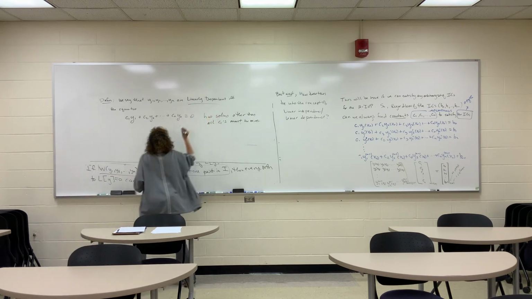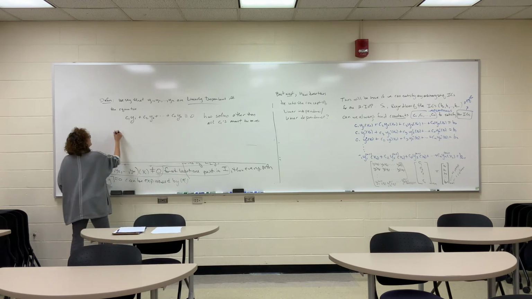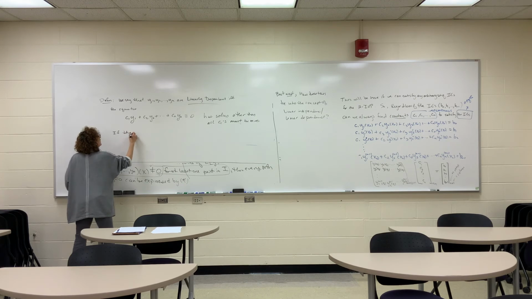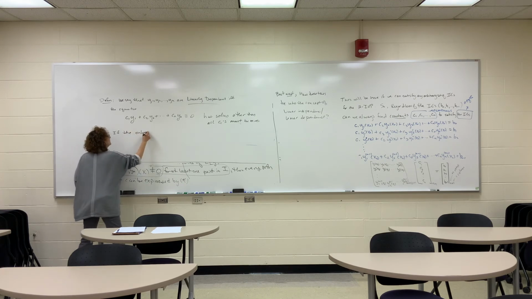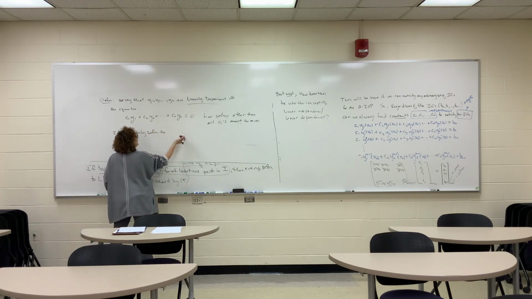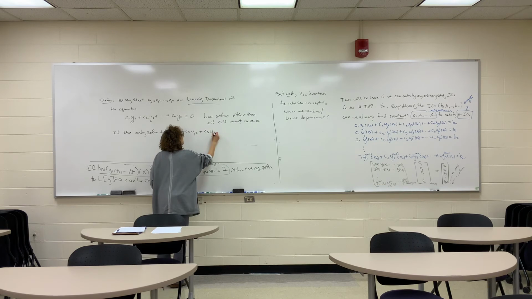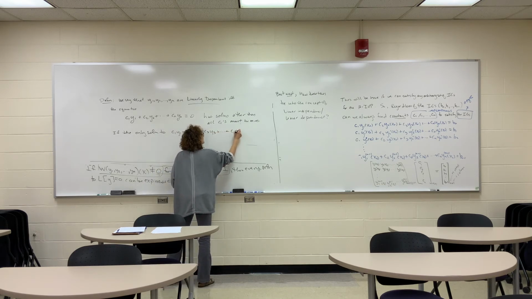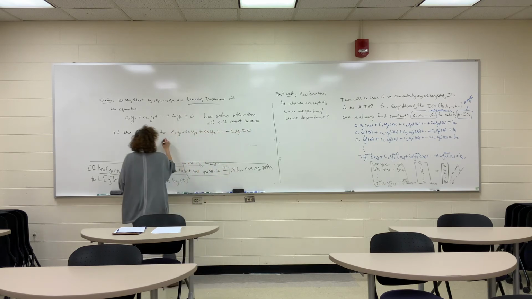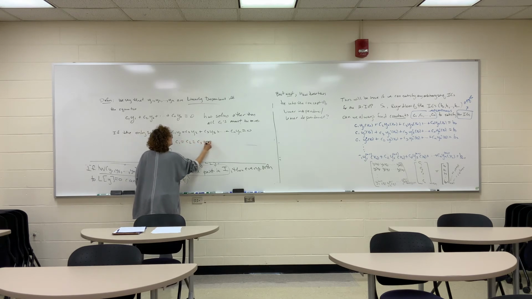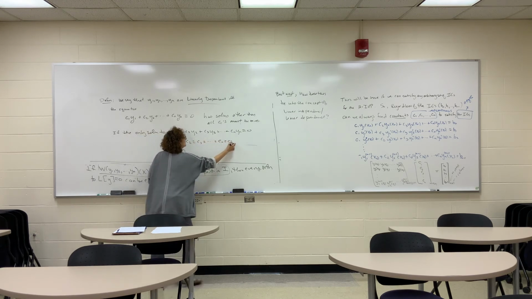Okay, and so if the only solution to C1y1 plus C2y2 plus C3y3 through Cn yn equals 0 is all the C's 0, right?